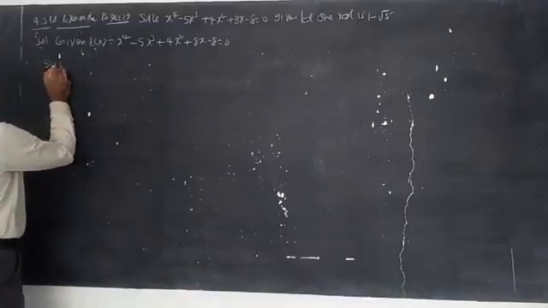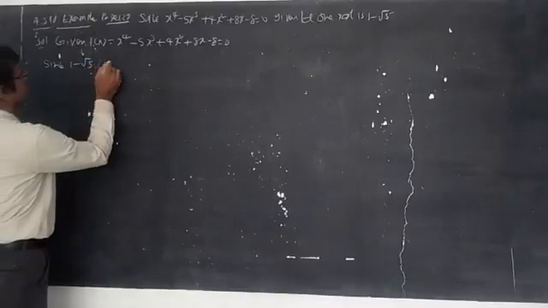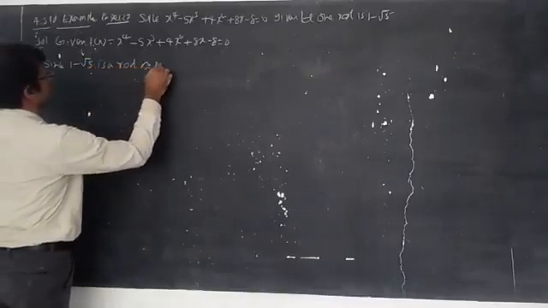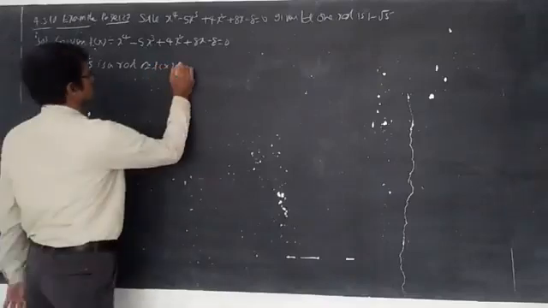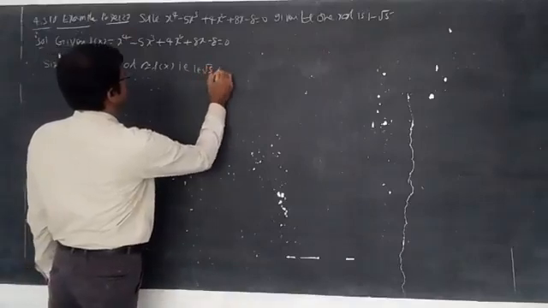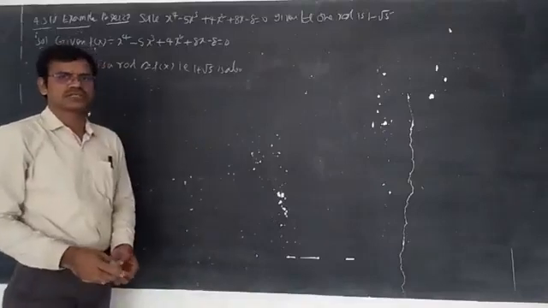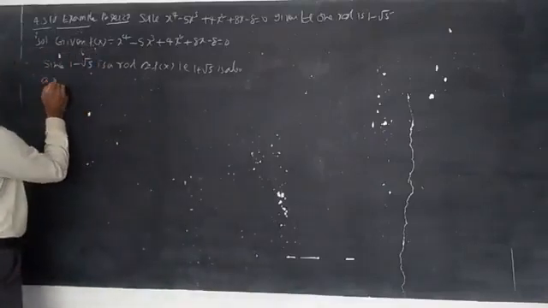Since 1 minus root 5 is a root of f of x, that is, 1 plus root 5 is also a root, because conjugate surds exist in pairs.